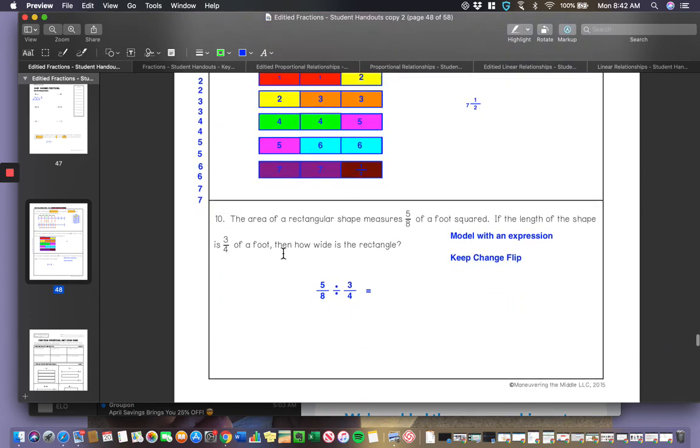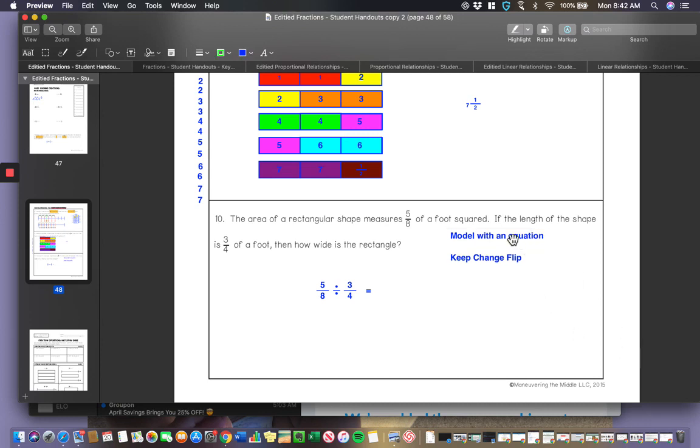All right, number 10. The area of a rectangular shape measures 5/8 of a foot squared. If the length of the shape is 3/4 of a foot, then how wide is the rectangle? So you can model this with an expression, right? An expression is basically a math problem, right? And in fact, expressions don't have equal signs. So this not only is an expression, but it's really an equation.